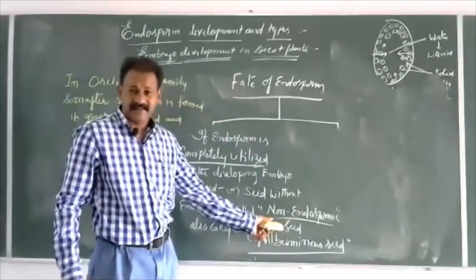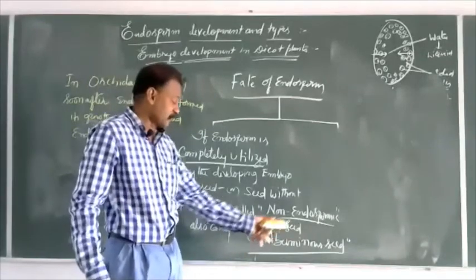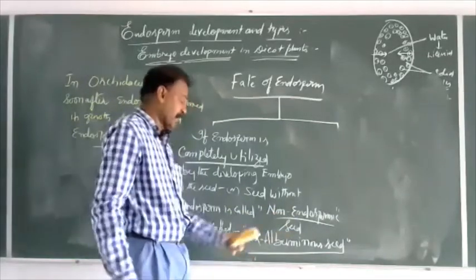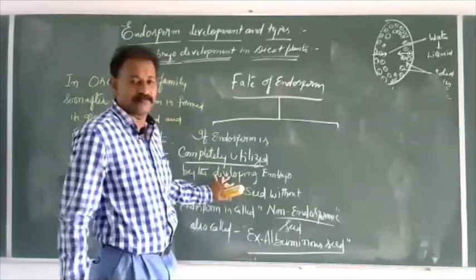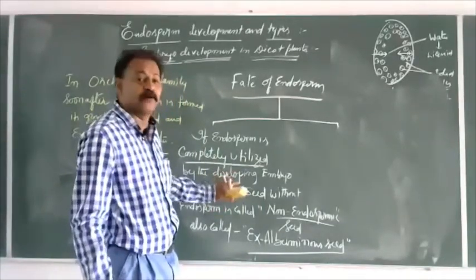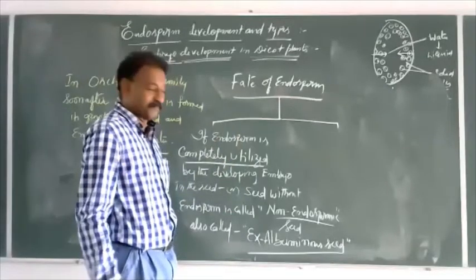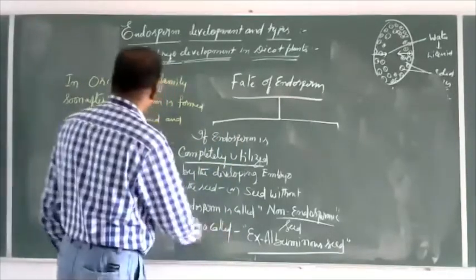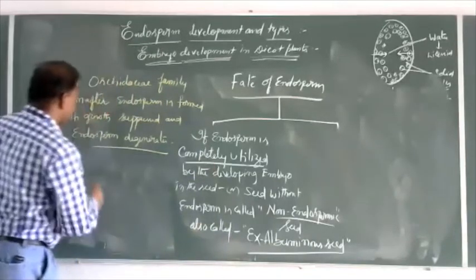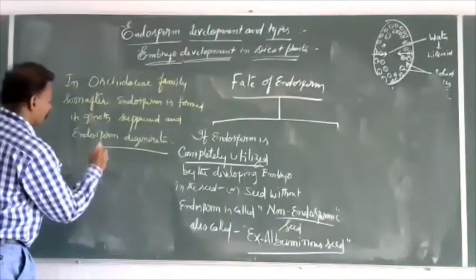Non-endospermic seed or ex-albuminous seed is the name given to that seed which is not having endosperm. It means the endosperm is utilized by the time the seed is formed.